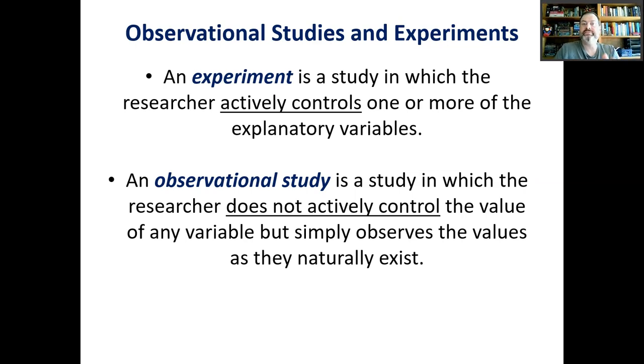So every study that has been assembled and carried out by researchers either has researchers meddling or leaving everything alone. That's the only distinction you need to know in this class. So experiment means the researcher actively controls something about the explanatory variable. Observational study, the researcher can do things, but just can't actively control the variables.